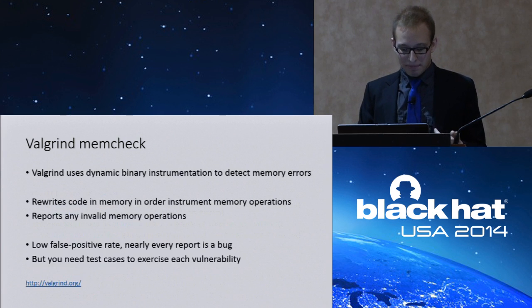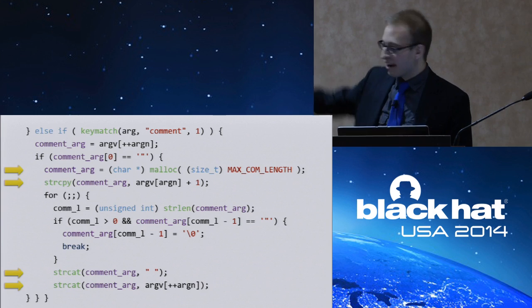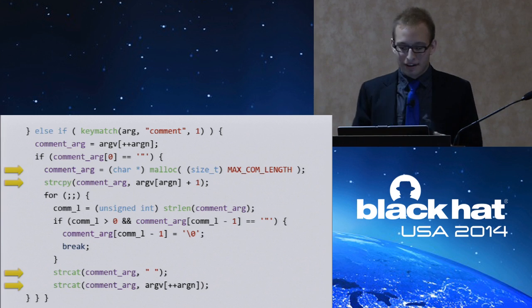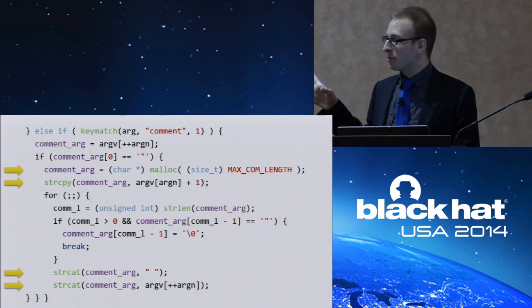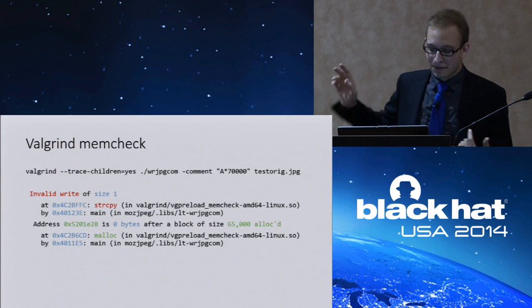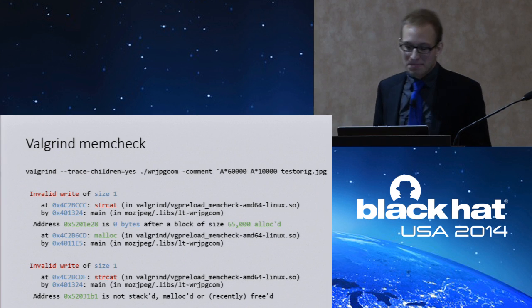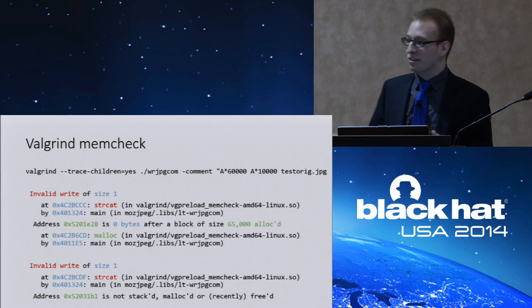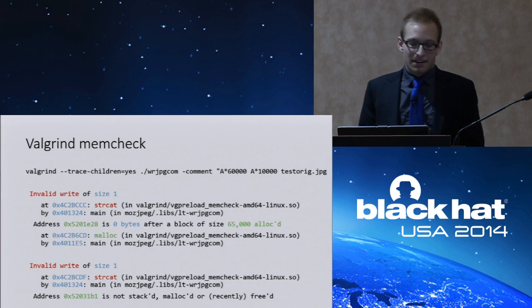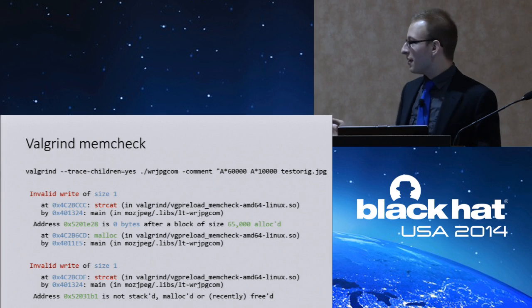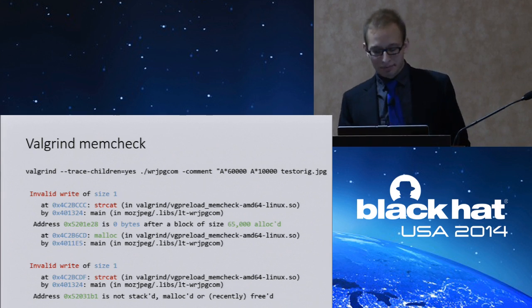So let's flip back really quick. There's two calls to strcat, one with an empty character and one with the whole second argument, and it prints out both of them here. So more of the same information, invalid write of size 1 because strcat writes byte by byte. And we see both of them, and it gives us all the information we need to go find that vulnerability.